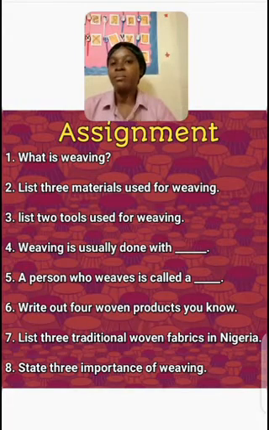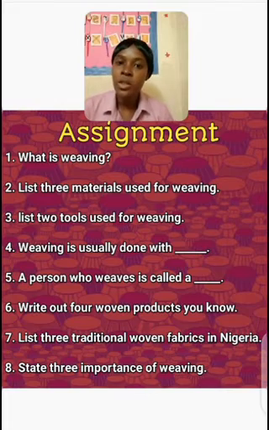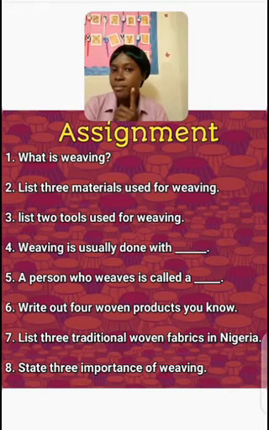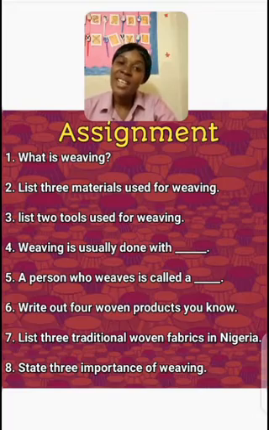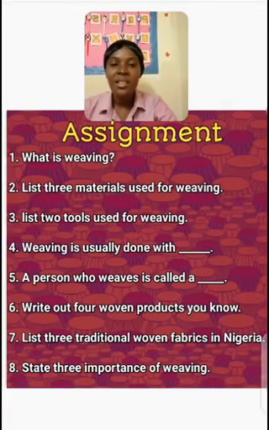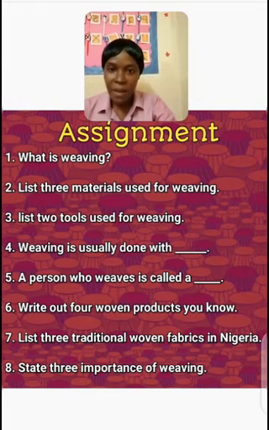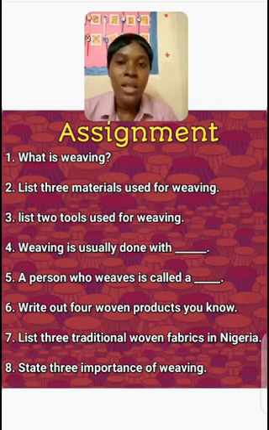Okay. Now, second question, list 3 materials that can be used for weaving. Beautiful. Okay. Materials that can be used for weaving are straw, wool or paper. So I'm going to leave you with these other questions.